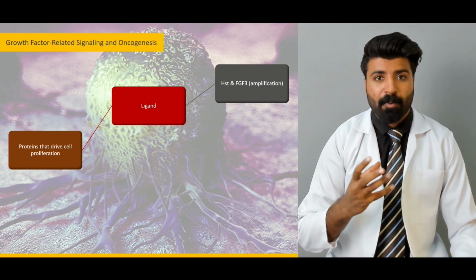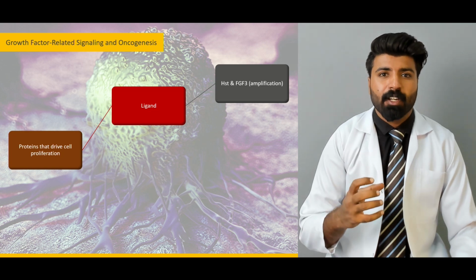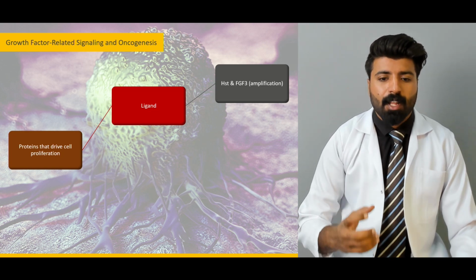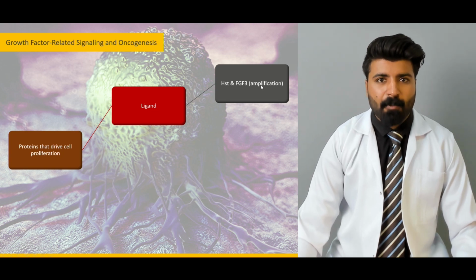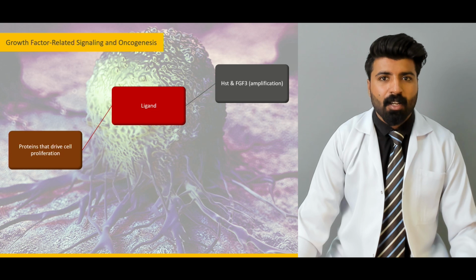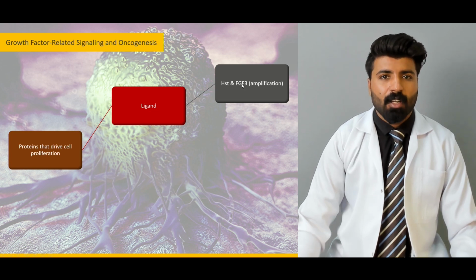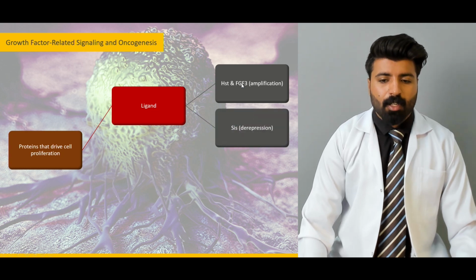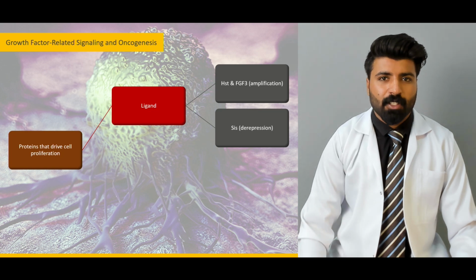We know the term amplification. What does amplification mean? That part of the DNA will be overproduced. And this is a type of mutation. It will lead to neoplasia one way or another, and HST and FGF3 lie within this boundary. Next on we have mutation in the form of derepression of a gene.